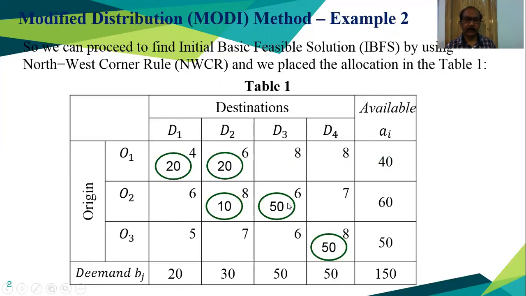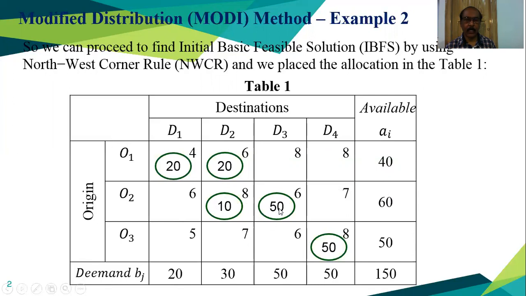How much is available? 50, and the demand is also 50. So 50 and 50 are exhausted and allocated in cell 2, 3. Now there is no availability and no demand.